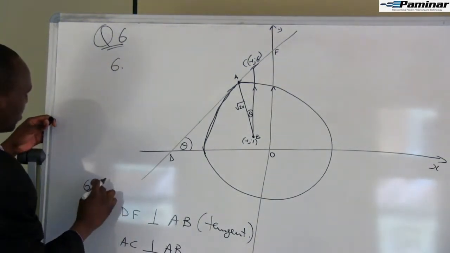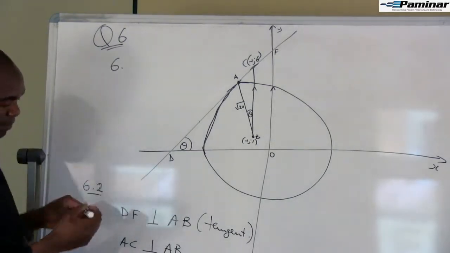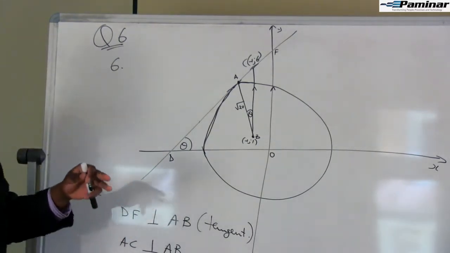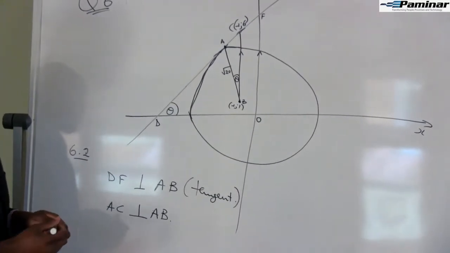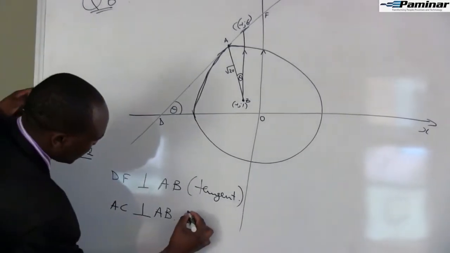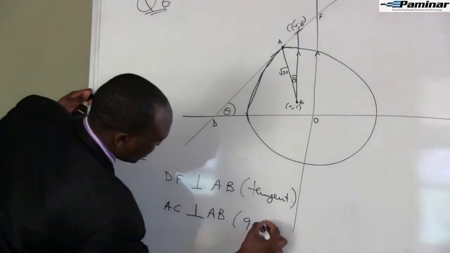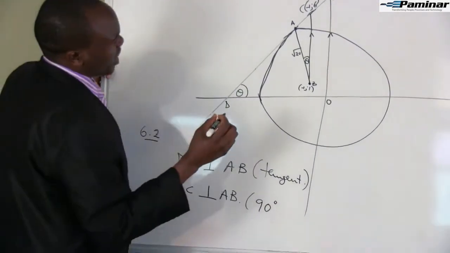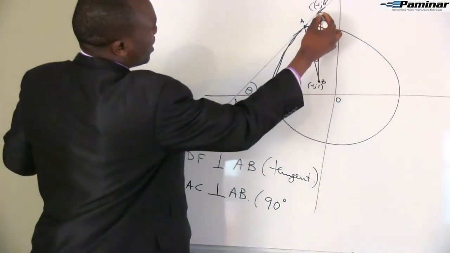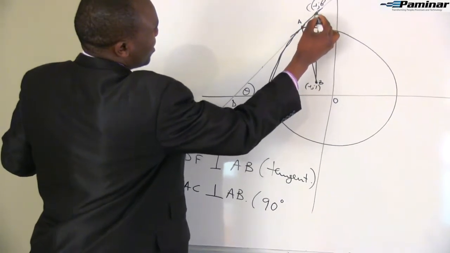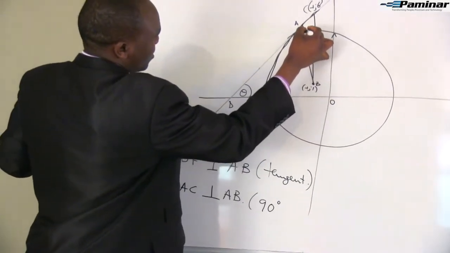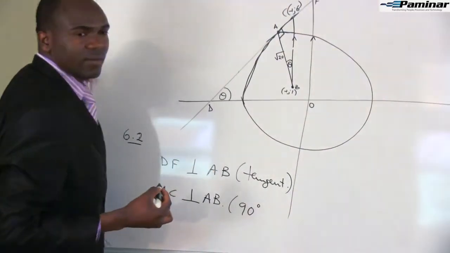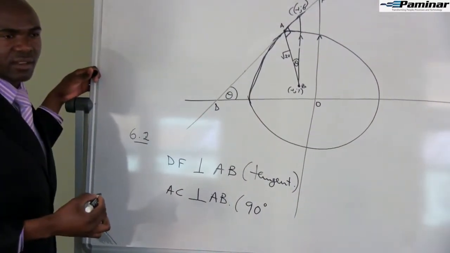What do you know about perpendicular lines? Perpendicular lines meet at 90 degrees. So this angle here is 90 degrees.